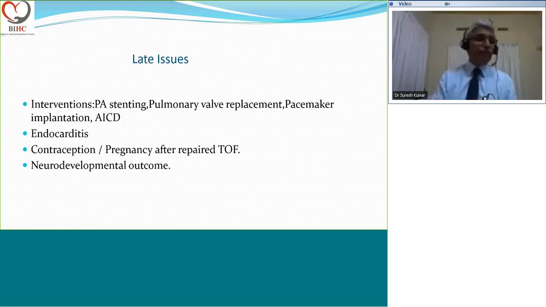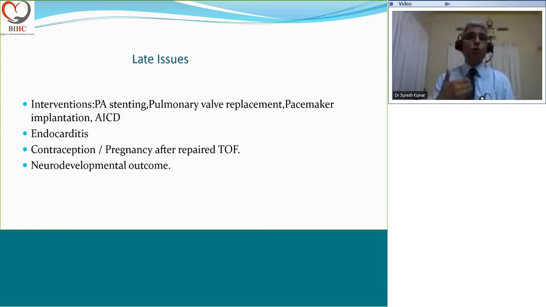We must particularly be aware of late issues following TOF repair. Remember, these patients may be candidates for interventions like pulmonary artery stenting when there is a significant stenosis of the RPA or LPA. We need to define the indication for pulmonary valve replacement on a very different plane. When you are evaluating their electrophysiologic status, they may require pacemaker implantation.